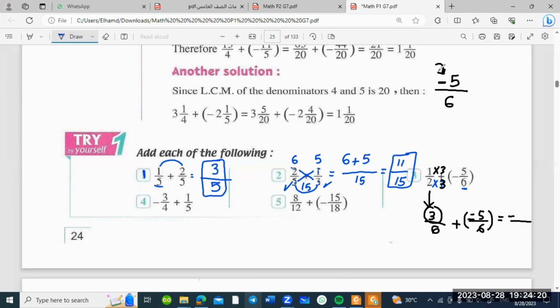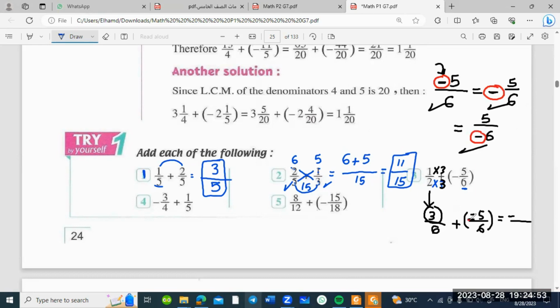So you can write this rational number like negative 5 over 6, or you can write it like 5 over negative 6. Like this, like this, they are all the same number. Understood? If you have the sign here, it's exactly like here. They all have the same value.